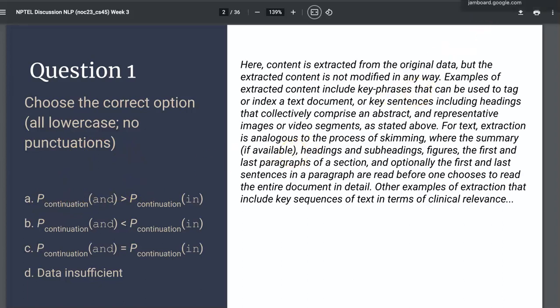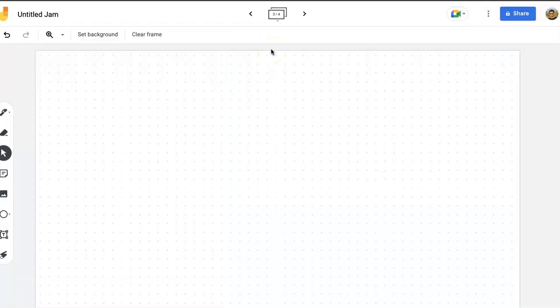Let me write it here for you. P continuation of a word W. If you remember the formula, this is the ratio between two things.